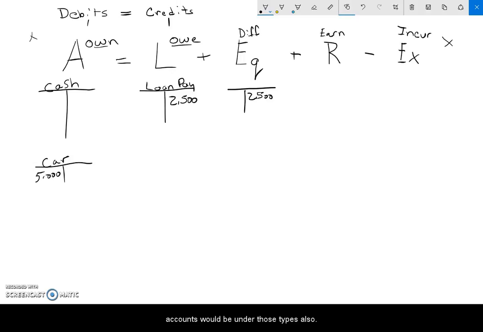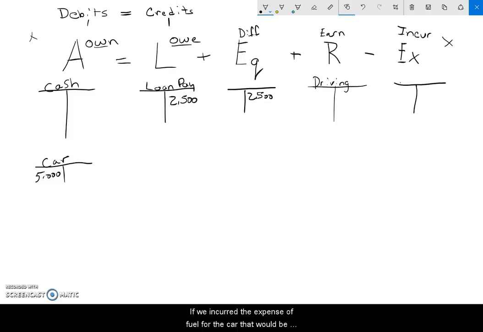So let's add those. If we earned revenue by driving, that would be under revenue. If we incurred the expense of fuel for the car, that would be an expense under expenses. Let's say you earned $1,000 revenue driving, and they paid you in cash.